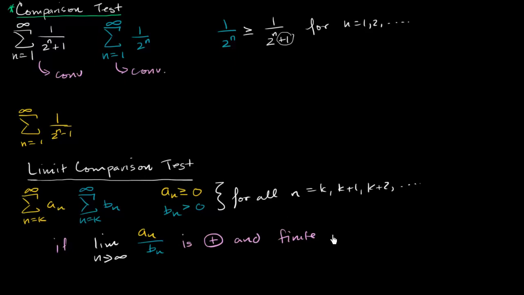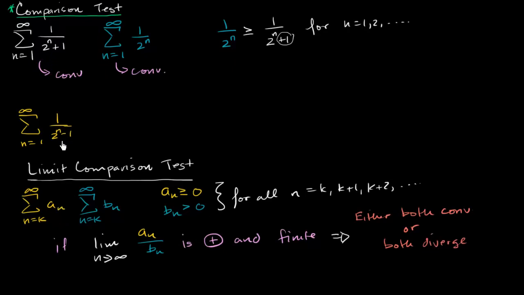So let me write that. Then that tells us that either both converge or both diverge, which is really, really useful. It's a more formal way of saying that, hey, look, if as n approaches infinity these have similar behaviors, then they're either both going to converge or both going to diverge.